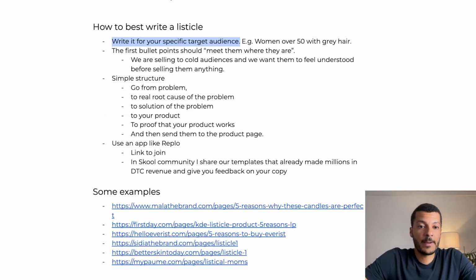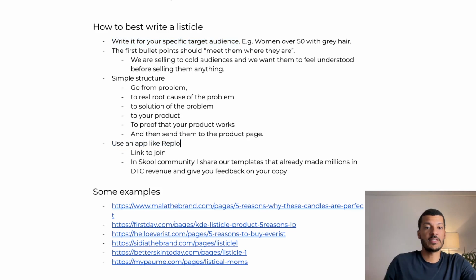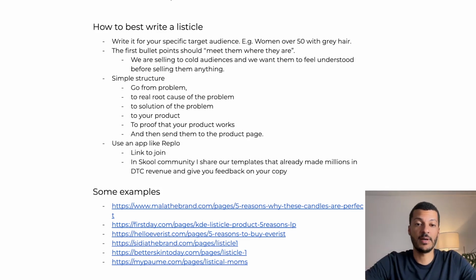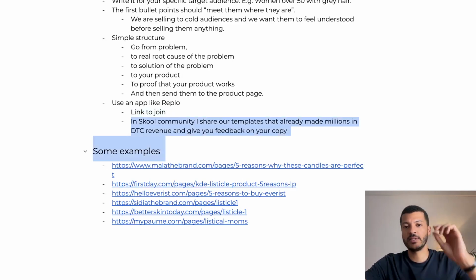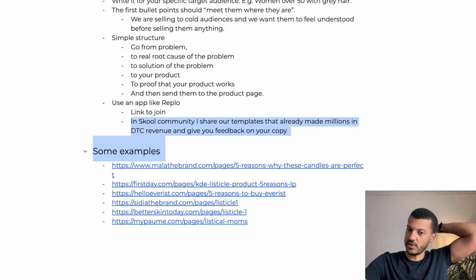All right. Then what I would recommend is use an app like Replo. This is what I use for all of my projects, all of my consulting clients that I mentor one on one. Yes, I'll put a link here also. And obviously, in my school community, I share our templates, right?